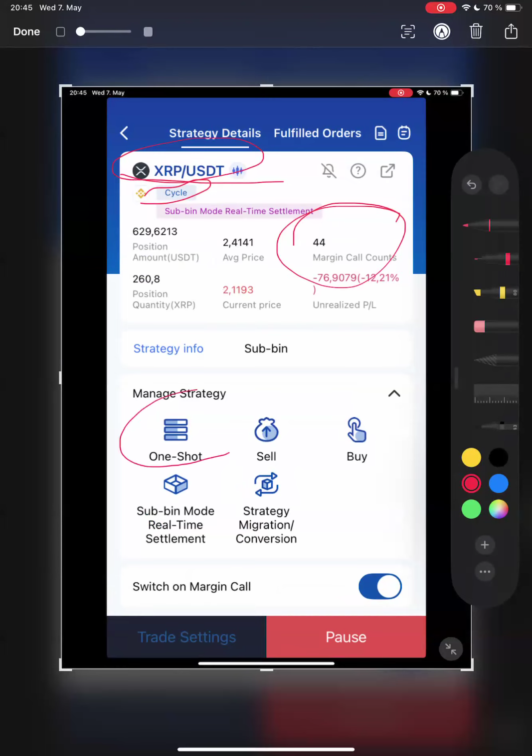But if I tap on this one shot button and one shot shows here, it means after the robot has sold all my calls, it will not buy XRP again. It will release the capital, so I can trade a different coin. So if you want to change coins, you can put your coin on one shot if it's on cycle mode.